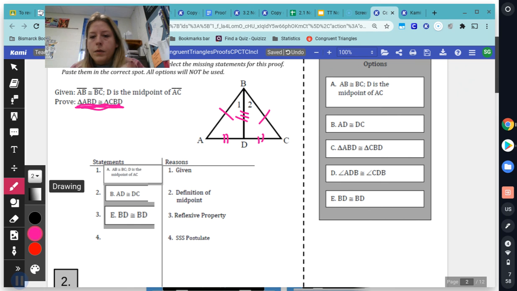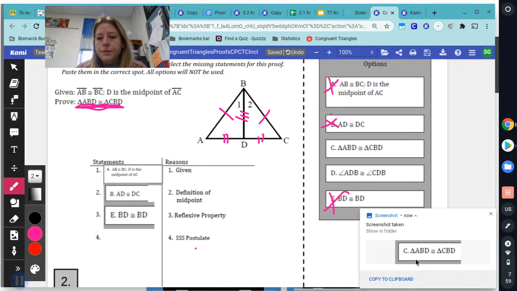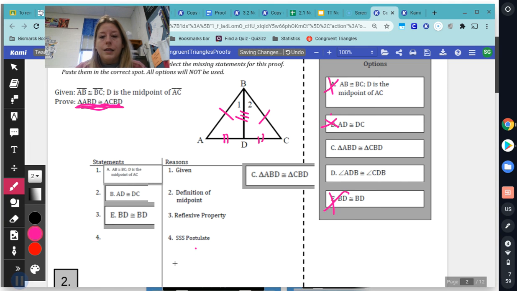All right, just so I know, I've used that one, I've used this one, and I've used that one. All right, then side, side, side postulate. The only time we're proving something by side, side, side, or angle, side, angle is when it's two triangles being congruent. So it must be option C, which matches the prove statement exactly.